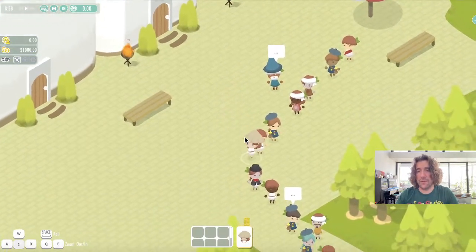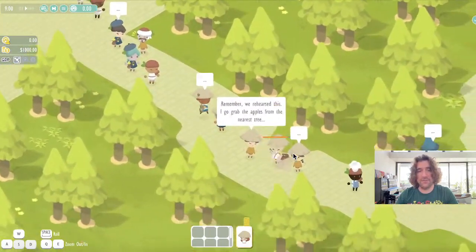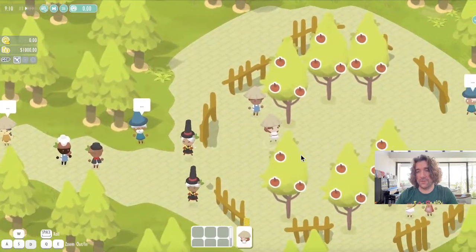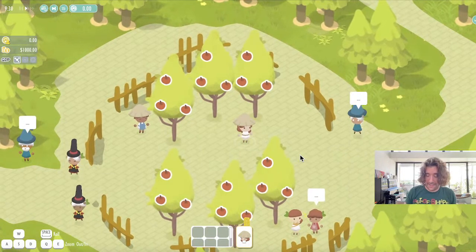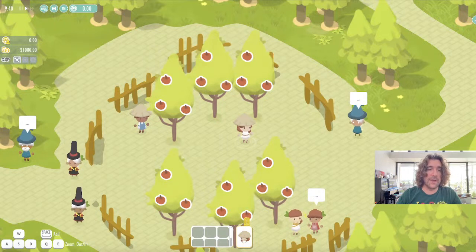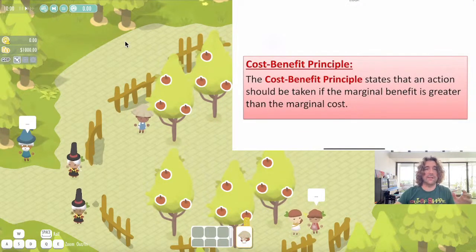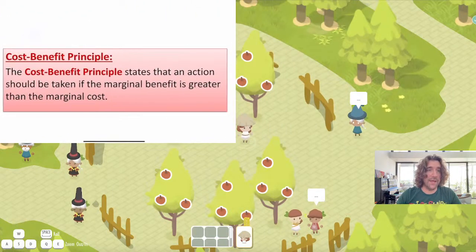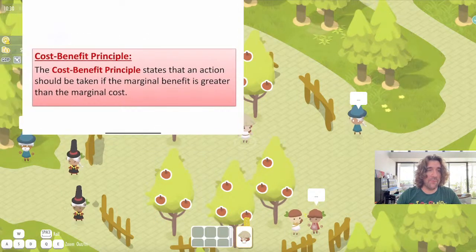Now, this level, I'm going to let you explore it and go over the dialogues. Let me just jump this queue and get to the core question of this level. Now, the core aspect of this level has to do with what we call in economics the cost-benefit principle. The decision that your character is now asked to make in this particular level is to produce apples.